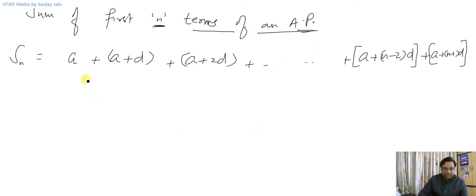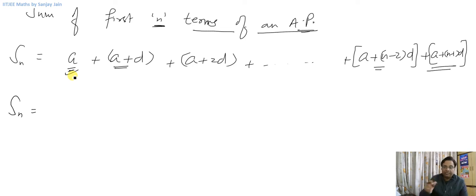Right? We already have this in our mind that if I add this a and this last term here, it will give me the same result as this plus this second last term here, right? So let me write this same sum, or the same expression on the right hand side here, the other way around, that is in the flipped form.